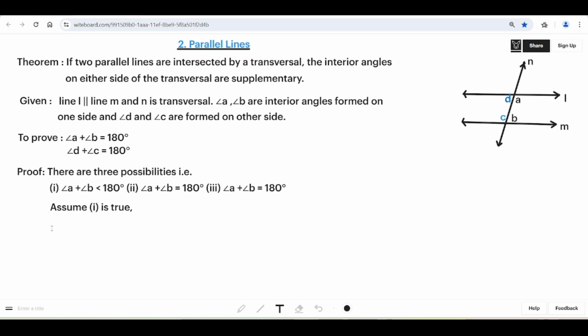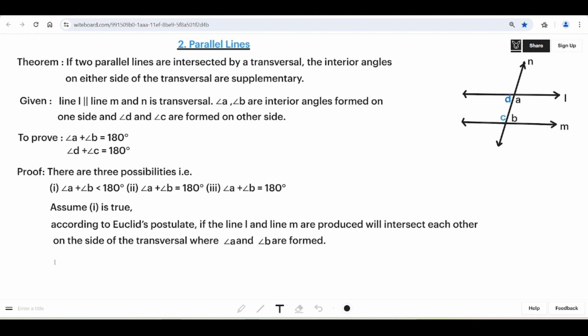Okay, then according to Euclid's postulate they intersect, but we have that the given lines L and M are parallel. This is given.